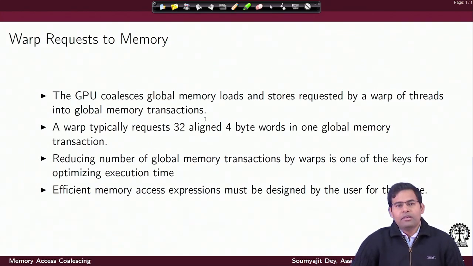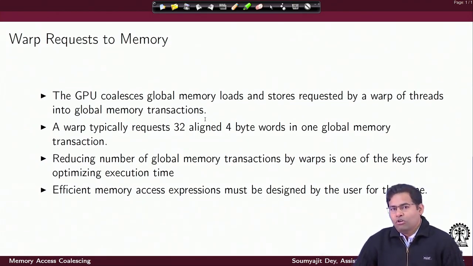That would mean if in a warp you have 32 consecutive thread IDs and they are making a load request for 32 consecutive memory locations, essentially you have to do a single global memory transaction. So this is the most fundamental and important thing here.